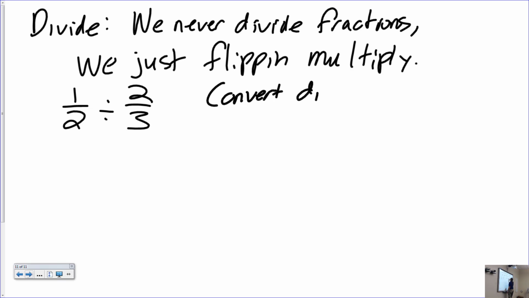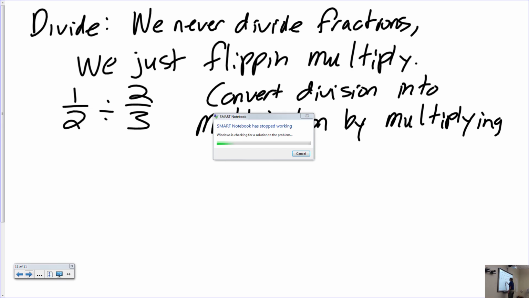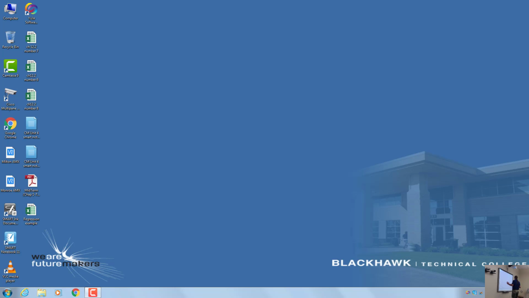Convert division into multiplication by multiplying, whoops, whoa. If that's totally gone, I'm going to be pissed.